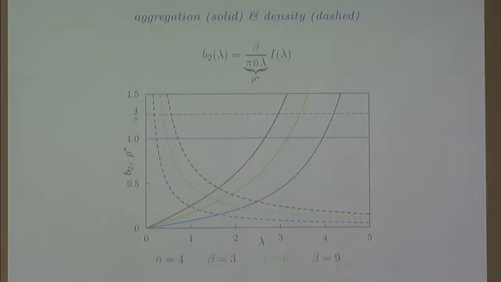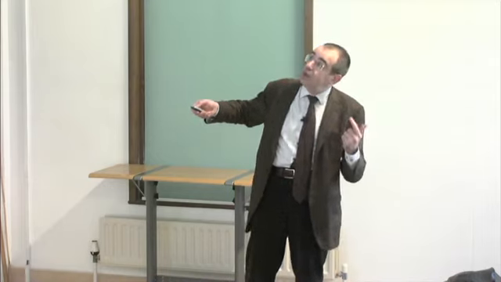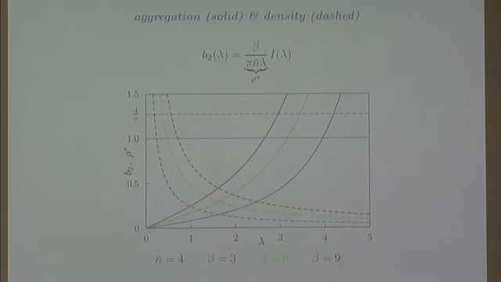At the same time, you need to be careful because the dashed line here represents the dimensionless density rho star, and this rho star must be below 4 over pi. So the theory makes sense and can be applied if two things happen: if the aggregation parameter is less than 1, and if the corresponding dimensionless density is less than 4 over pi.